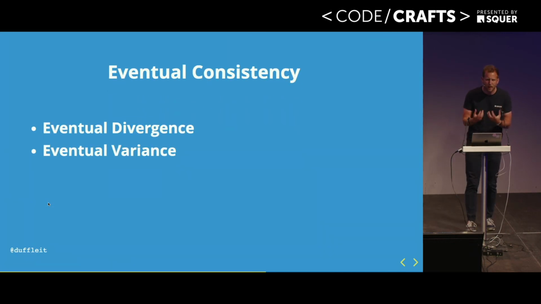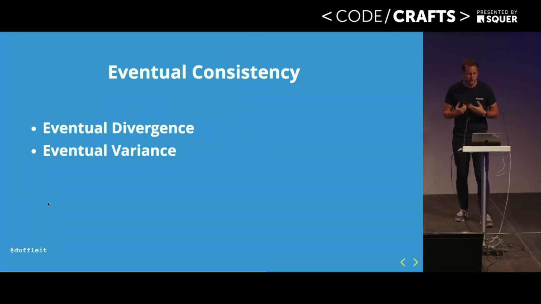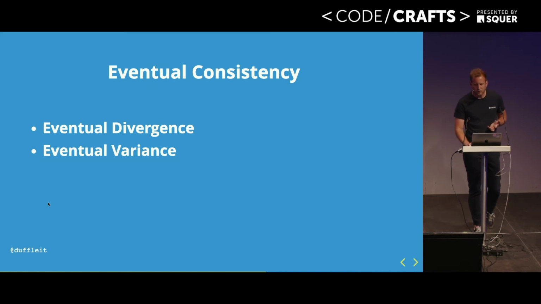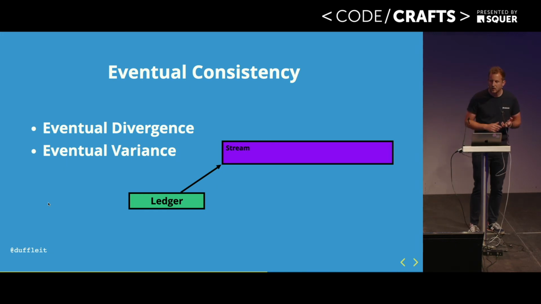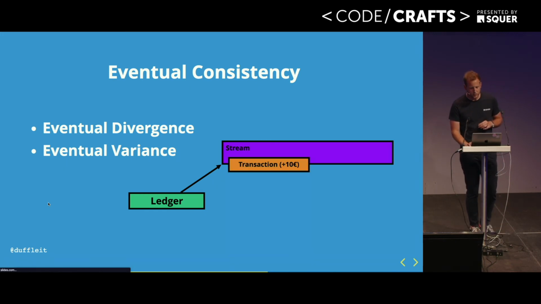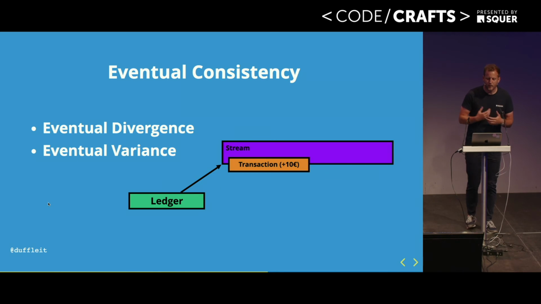And the other part of eventual consistency is eventual variance, right? Eventual variance again goes in this direction of having, for example, the ledger posting a transaction to the stream, and for whatever reason this ledger cannot reach the stream, so the connection is probably broken, right? And then we usually try again.